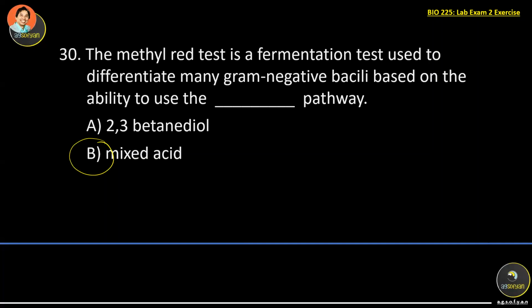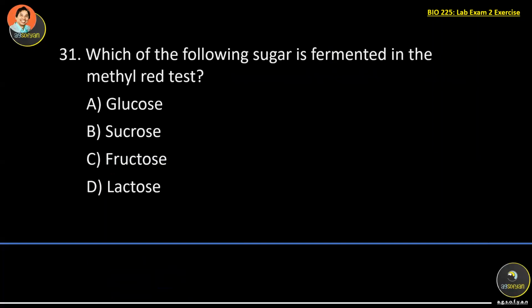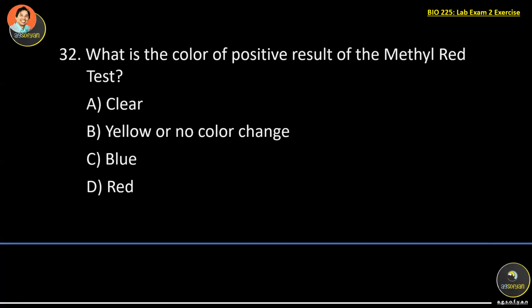And the color will change because of this mixed acid pathway. Which of the following sugars is fermented in the methyl red test? It's going to be glucose.